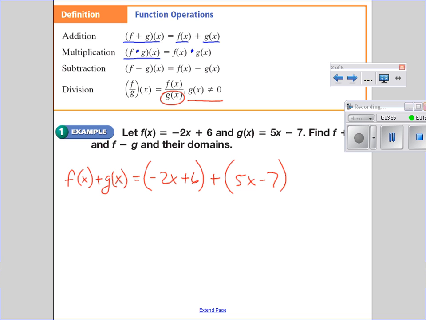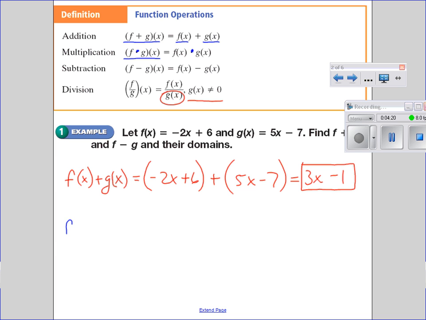We know that at this point, these parentheses don't mean a whole lot. So I'm just combining like terms. -2 and 5 is positive 3x, and 6 and -7 is -1. There are no domain errors. In other words, there's no issue with anything being 0 in the denominator because the denominator is 1 all the way across there, right?